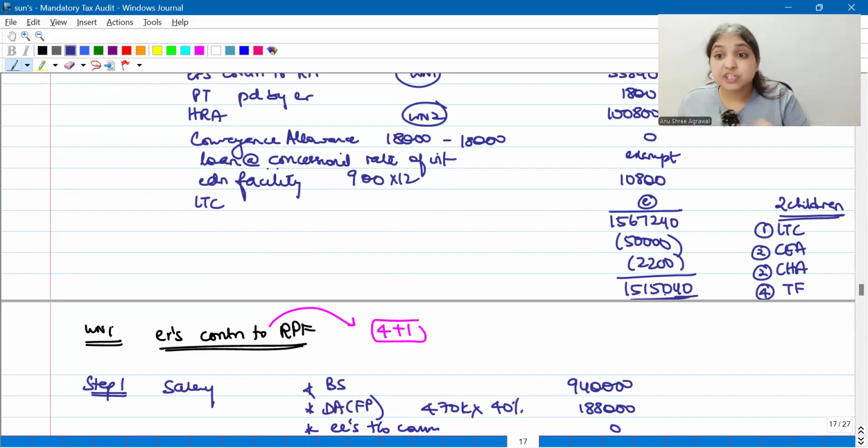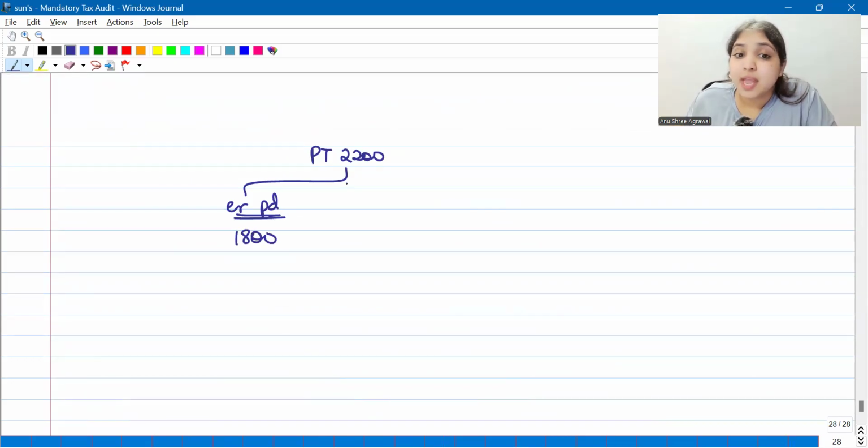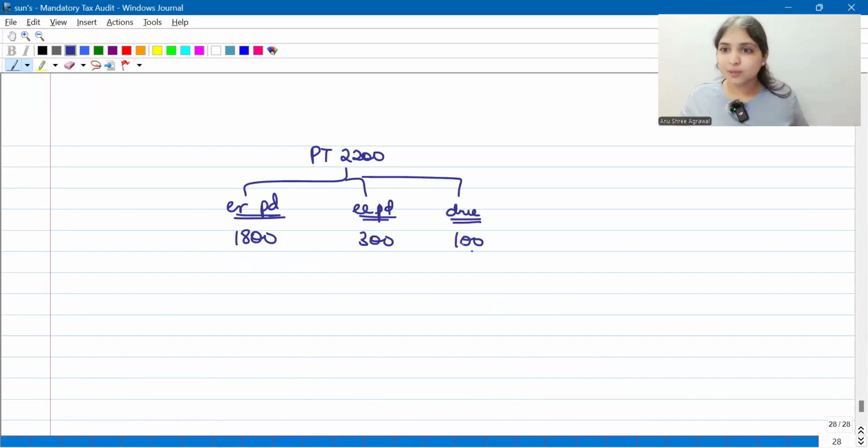All right. And professional tax, remember, one small thing. Listen to me. For example, let us say professional tax is 2,200. The employer has paid, for example, 1,800. The employee has paid, let us say, 300. And the balance 100 rupees is still due, not paid, outstanding.